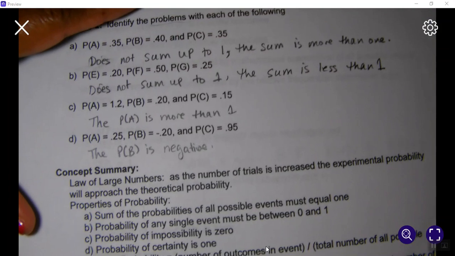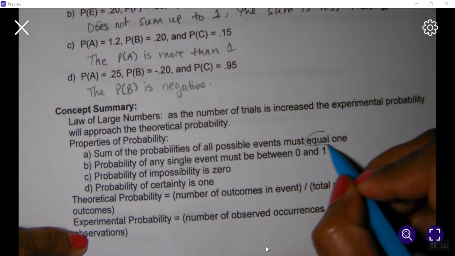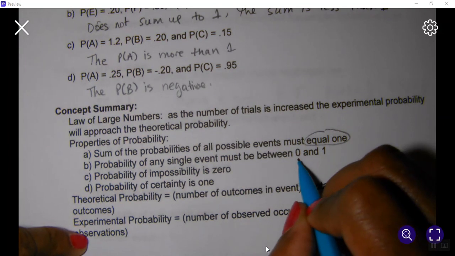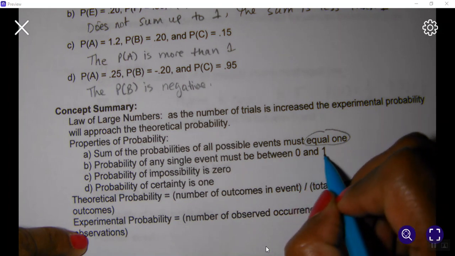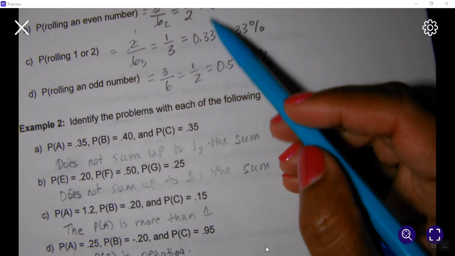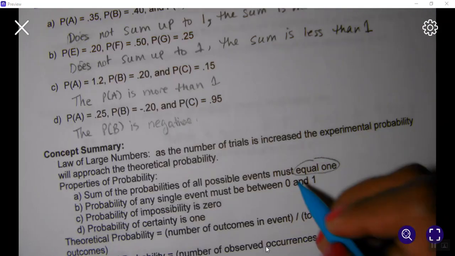So, the main things that I want you to understand from this lesson is the sum of all the probabilities has to equal 1. The probability of any single event has to be between 0 and 1, usually like when it's 0 point something.